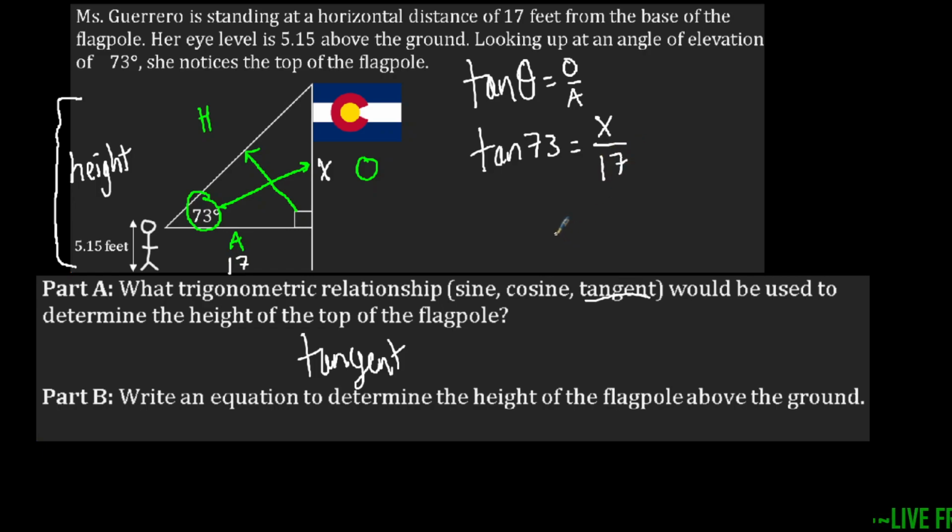For the next part, we would need to multiply both sides by 17, because we're trying to multiply by the denominator, trying to get x by itself.